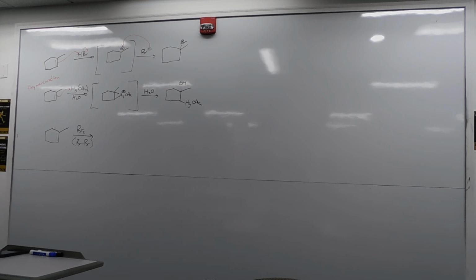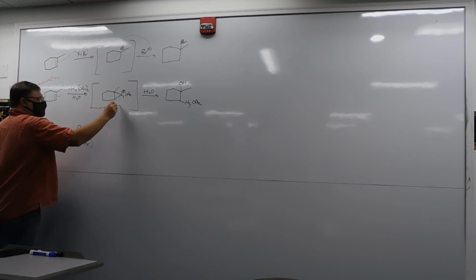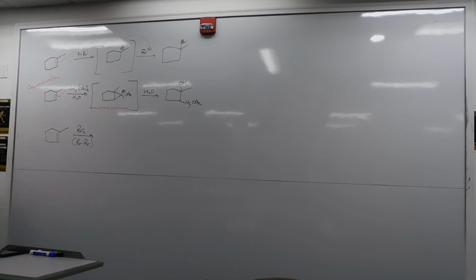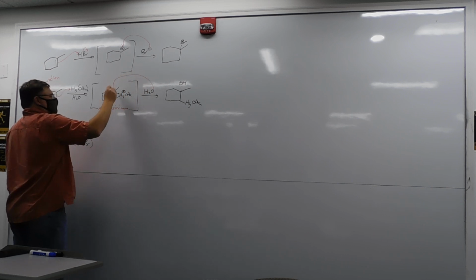And so instead of getting a discrete free carbocation, we get this mercurinium ion, where the positive charge resides on the mercury. It makes those two carbons really electrophilic. And then there's a couple of steps here, so this isn't the whole mechanism.